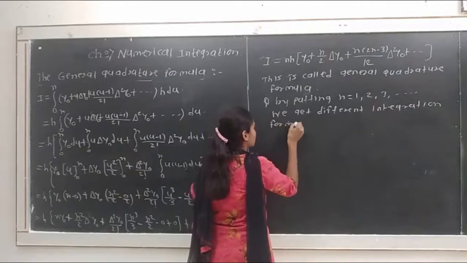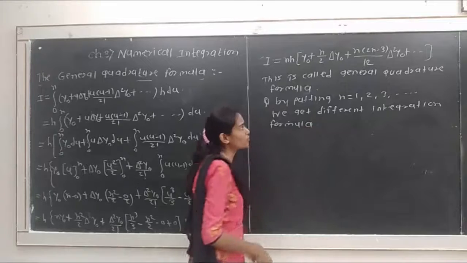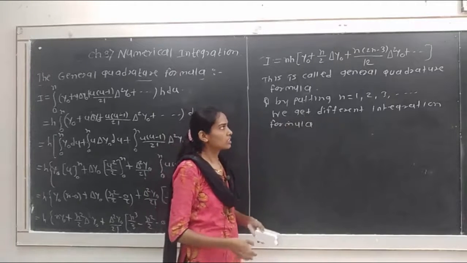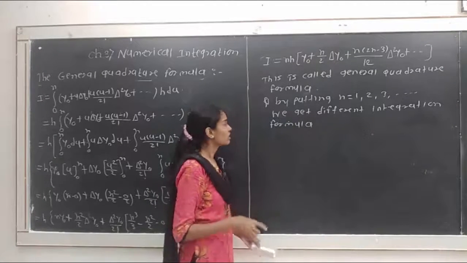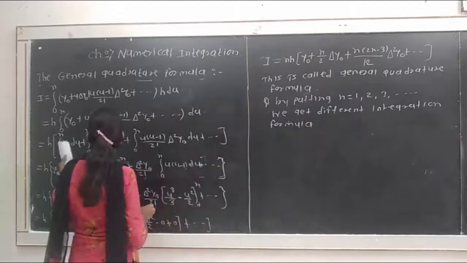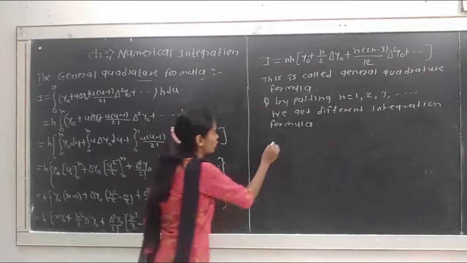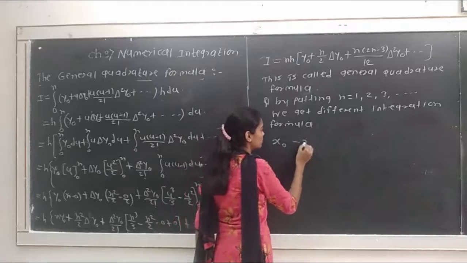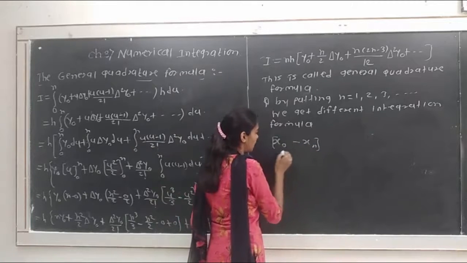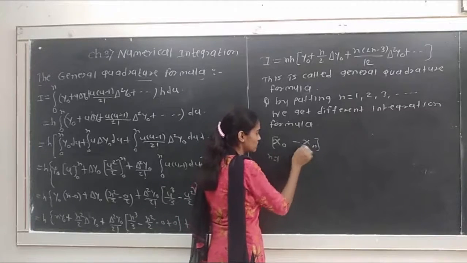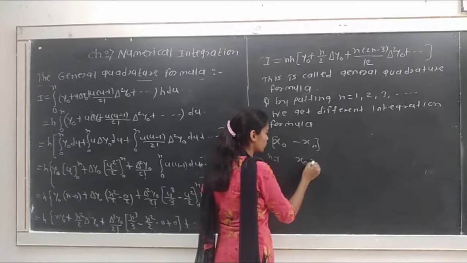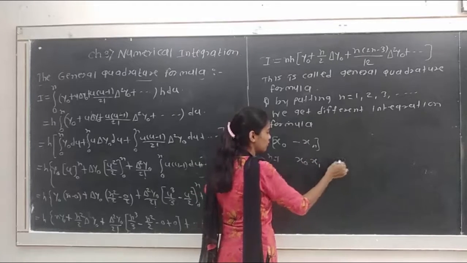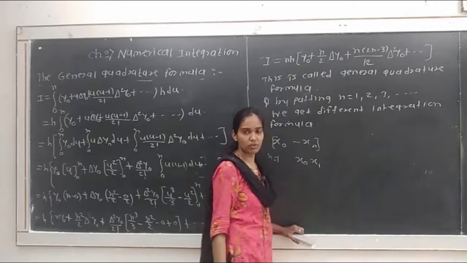If we put n is equal to 1, that means we want to find the integral from x0 to xn. This interval can be divided in this way: x0, x1, then x1, x2, x2, x3, up to xn minus 1 to xn.